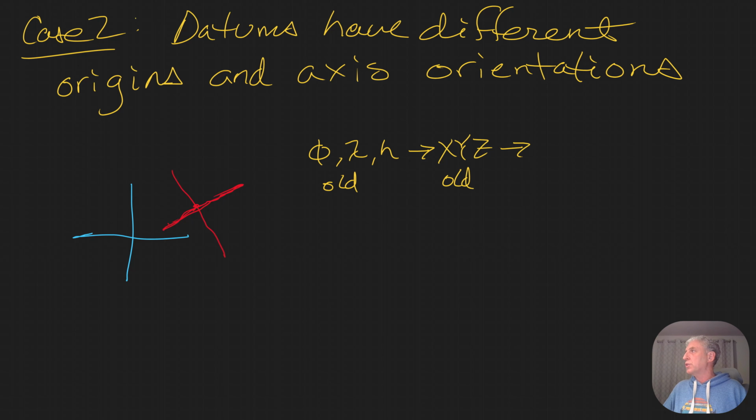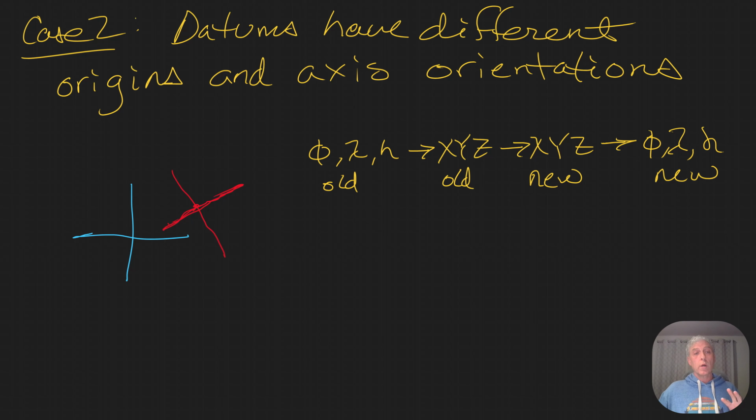Then convert that to XYZ coordinates in the new system, which would be 3 rotations and a translation. And that translation would have 3 coordinates. It'd be a 3-component vector. And then finally convert to latitudes and longitudes in the new system. And from there we can get northings and eastings if we like. So there's an added step.